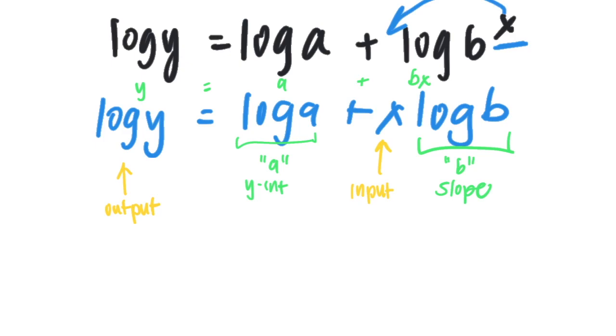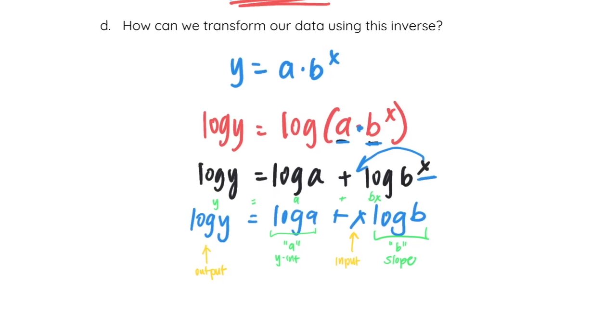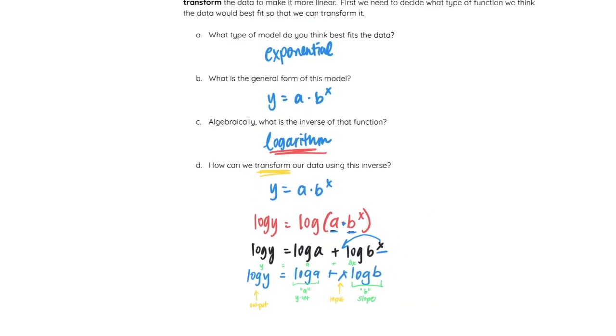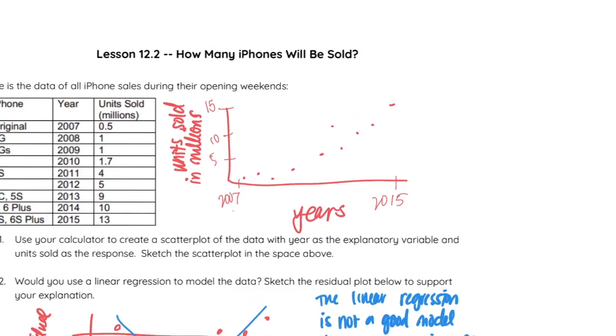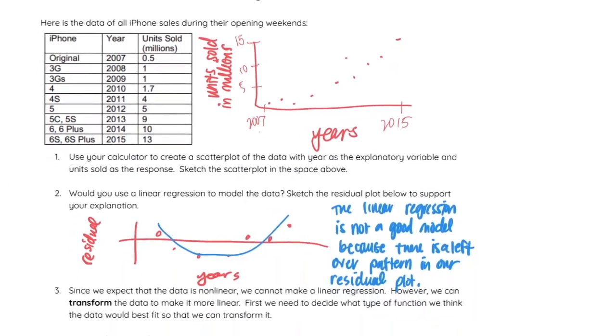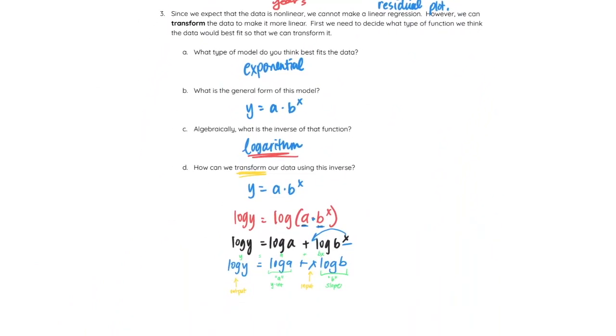So if you need to go back and watch that, you can. But this is how we transform our data. We're transforming it to be linearized. The reason why we don't have linear data, this is exponential data, but all of our tools that we have available, like R squared and R and S and all these things, they're only available if we have linear data.